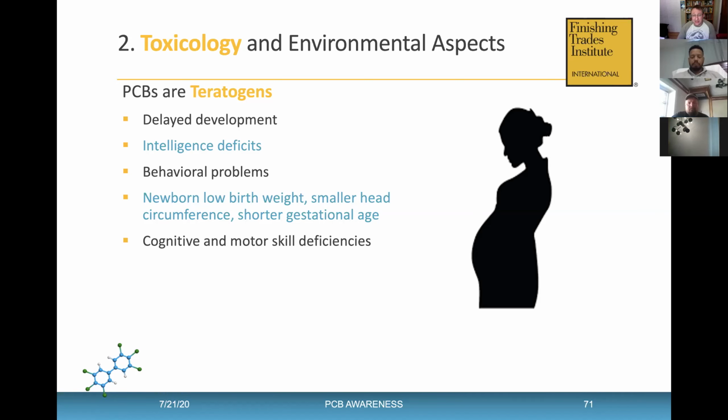Teratogens are chemicals that affect the growing fetus in the womb. Some of the things we've seen are delayed developmental effects, intelligence deficits, behavioral problems, low birth weights, smaller head size, a shorter gestational age, and cognitive and motor skill deficiency.